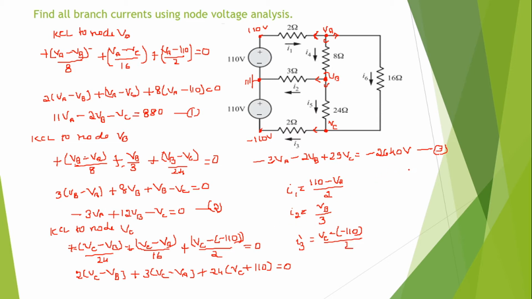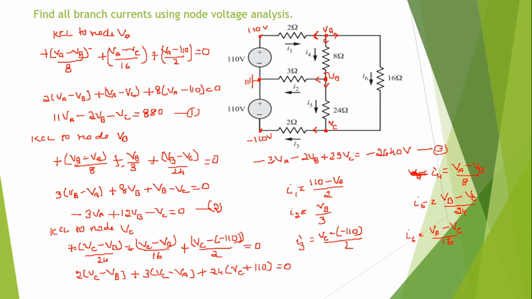Then I4 equal to (VA minus VB) by 8. I5 equal to (VB minus VC) divided by 24. And last, I6 equal to (VA minus VC) divided by 16.